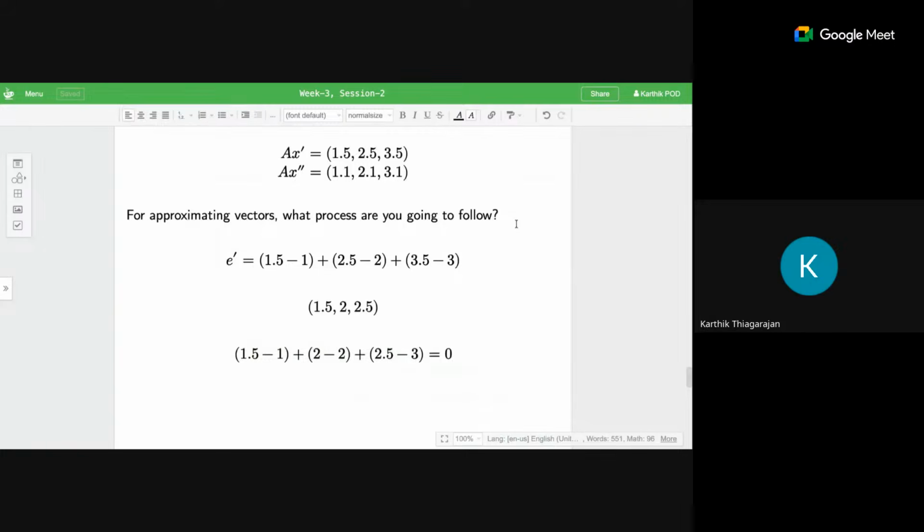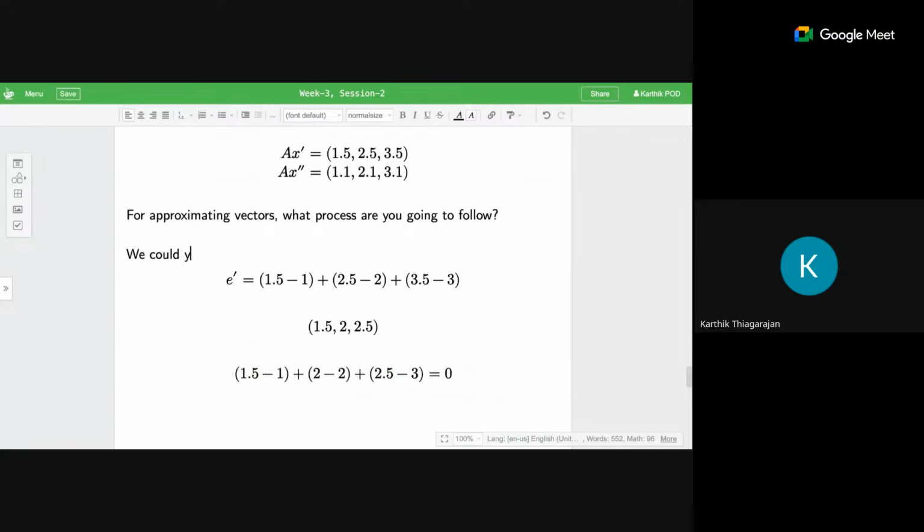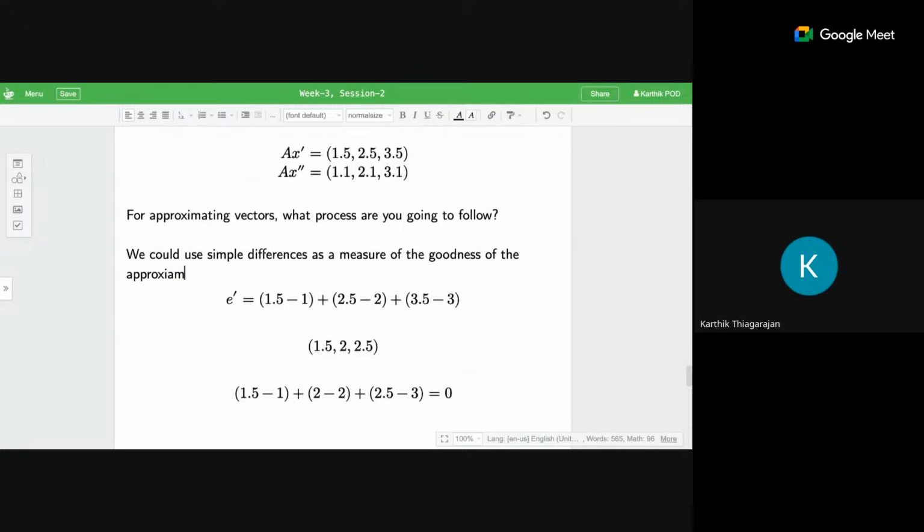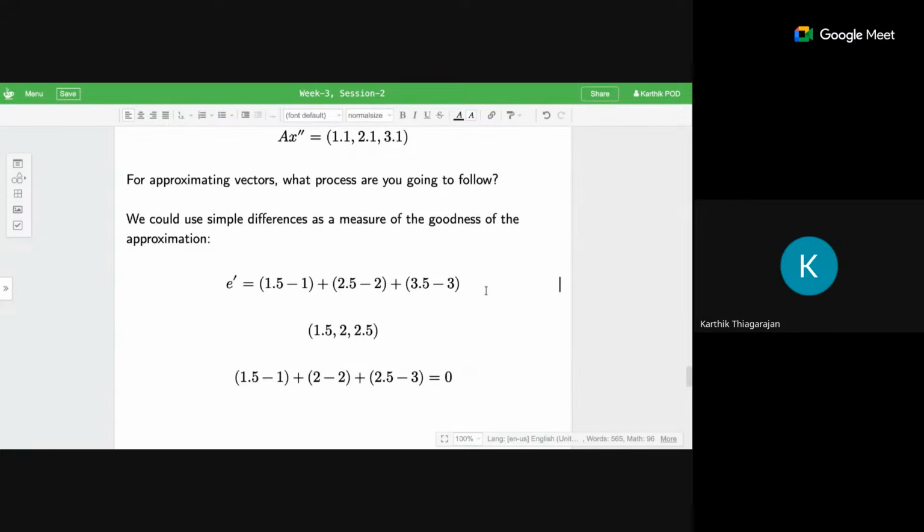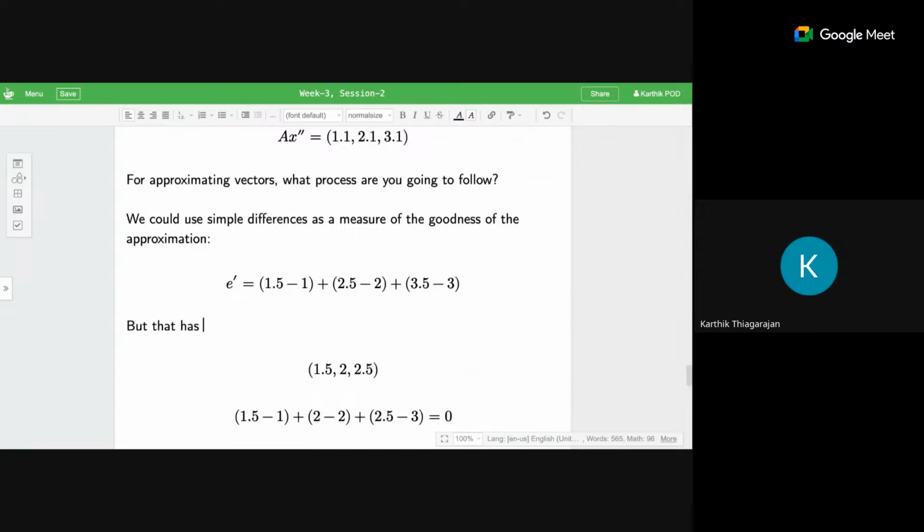So what is the point we are making? We could use simple differences as a measure of the goodness of the approximation, but that has a problem, as the differences might cancel each other out.